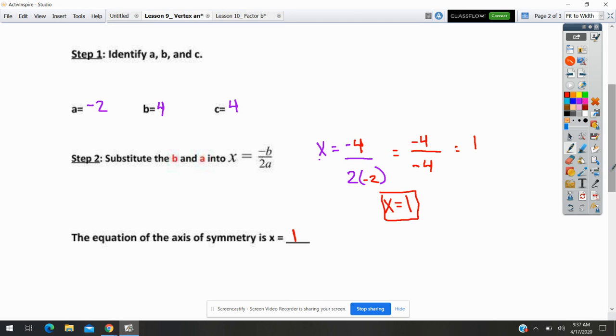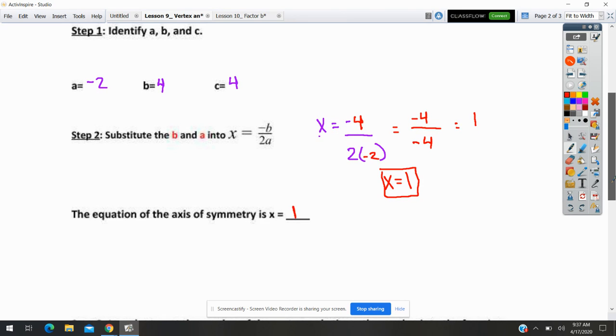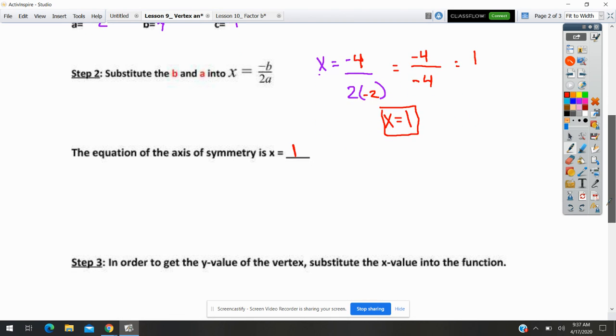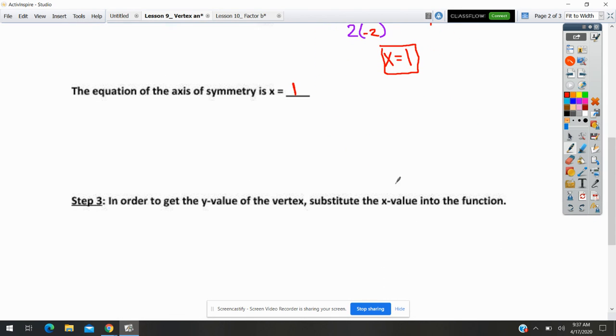Now, like I said previously, the x value of your axis of symmetry is the x value of the vertex point. So if we wanted to get the full vertex point, we know our x value is 1. We just need our y. We don't know what that is.